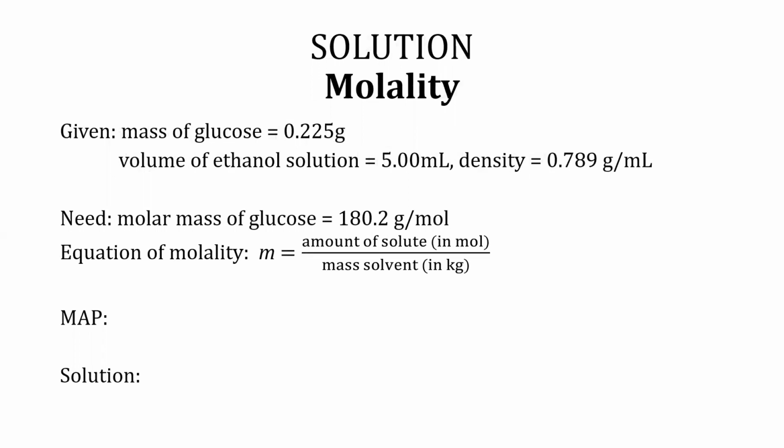It is given that the mass of glucose is 0.225 g and the volume of ethanol solution is 5.00 mL, with a density of 0.789 g per mL. One needs the molar mass of glucose, which is 180.2 g per mole, and the equation of molality as shown here.